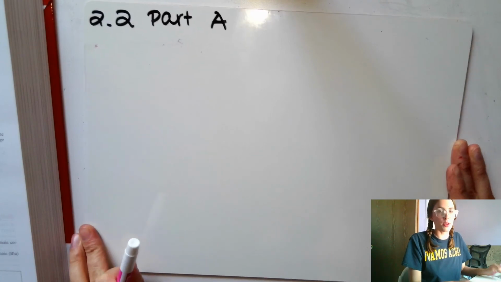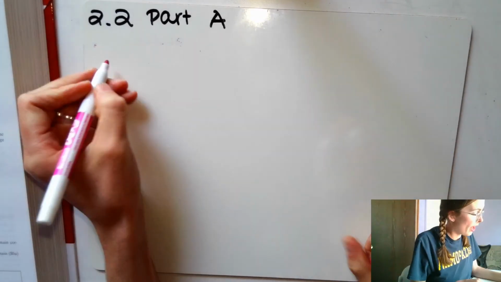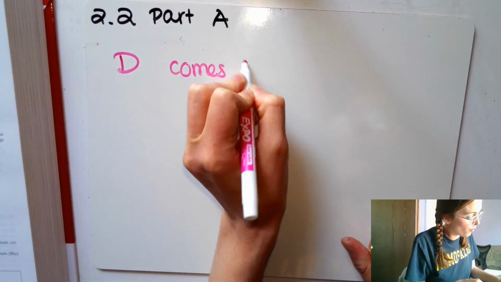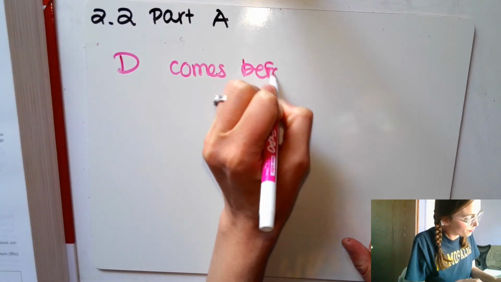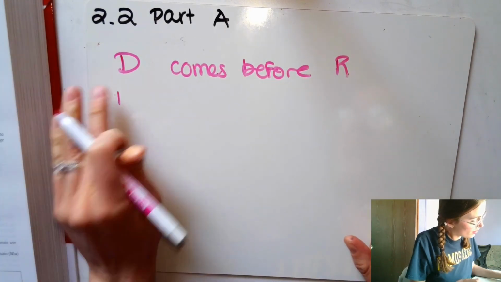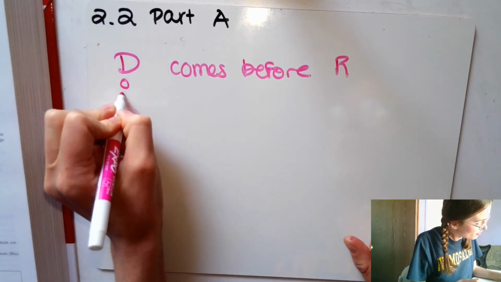And this is just one way to memorize it. You don't need to remember it this way, but in the alphabet, D comes before R, so D for domain.